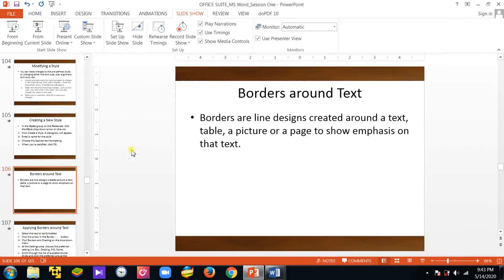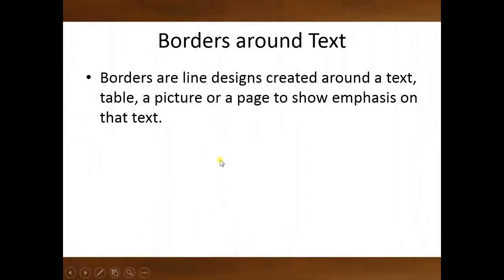Let us look at how we can create borders around text. Now, borders are line designs created around text, a table, a picture, or a page to show emphasis on that text, picture, table, or page.